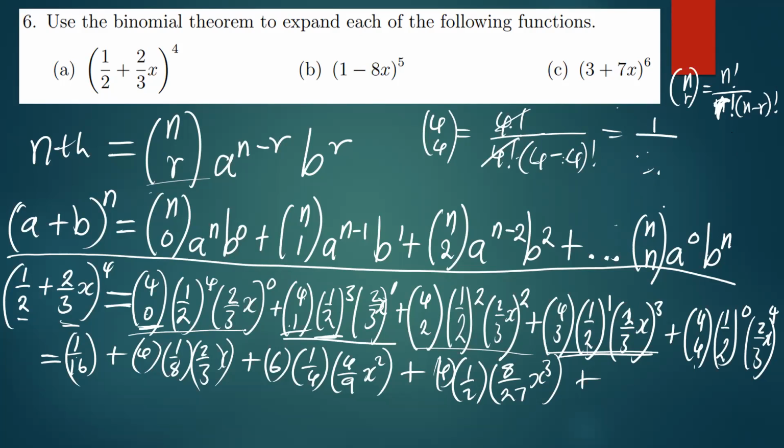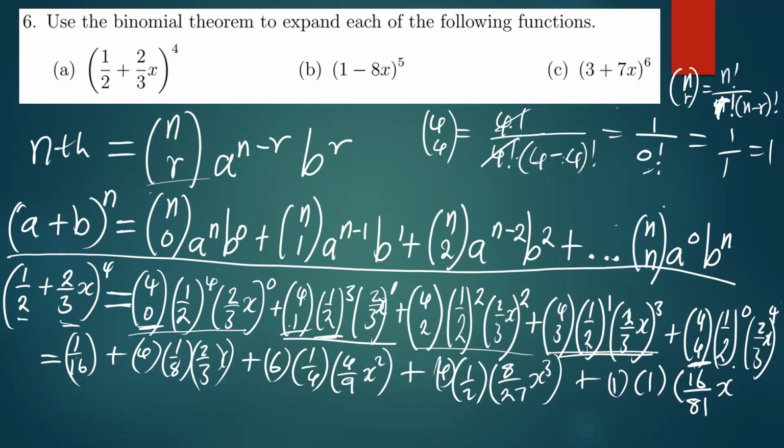Then 4 minus 4, this is 0 factorial. 0 factorial is 1. 1 over 1, the answer is 1. So this part gives us what? 1. Then we'll multiply with half to the power 0, 1, and 2 to the power 4, we're getting what? We're getting 16, and then 3 to the power 4, we're getting what?